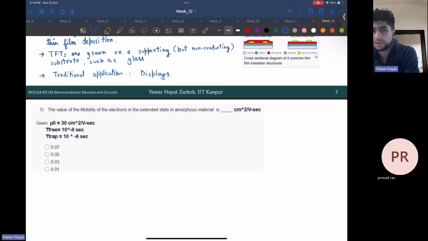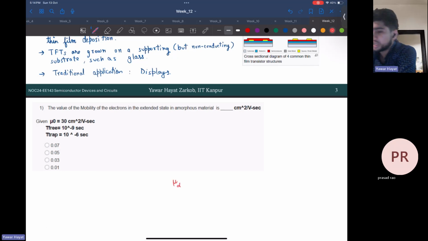Do you know the formula to compute that? I can help you with that. If your mu d is the mobility of electrons in the extended state in amorphous material, it is given by T free divided by T free plus T trap, times your mu naught, right?